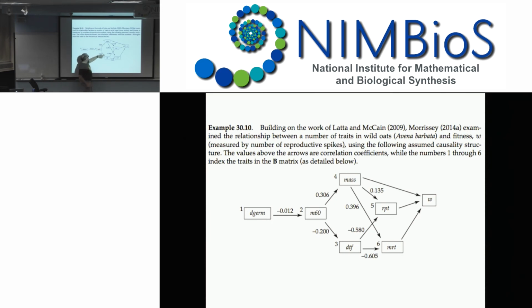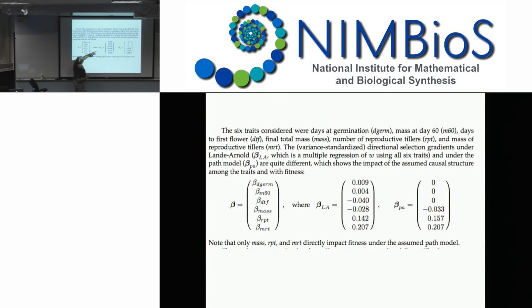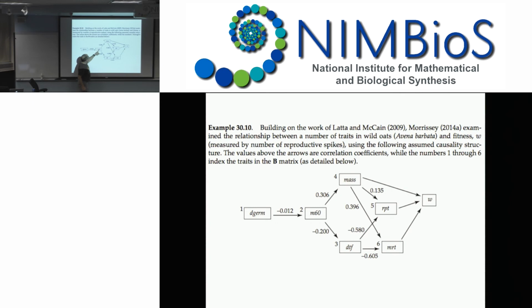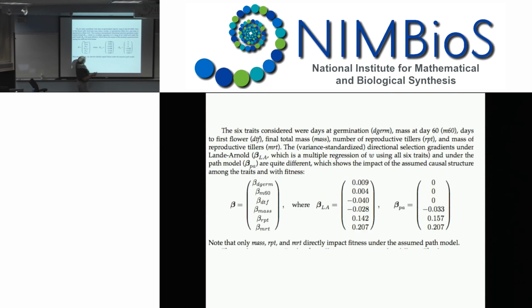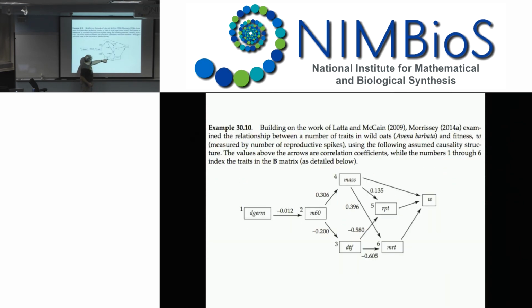That affects total mass, and it affects days to first flower. So total mass affects mass at 60, affects days to first flower, and total mass, days to first flower, affects reproductive tillers and mass of reproductive tillers, and total mass also affects fitness.